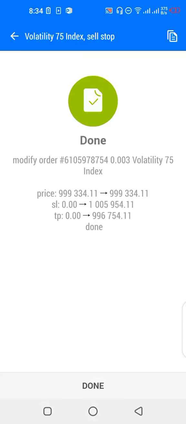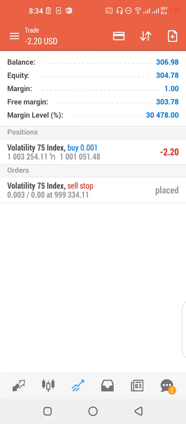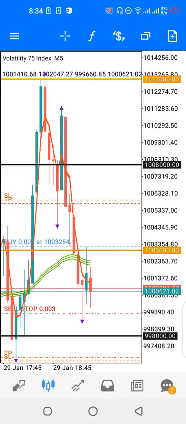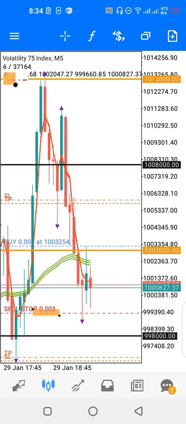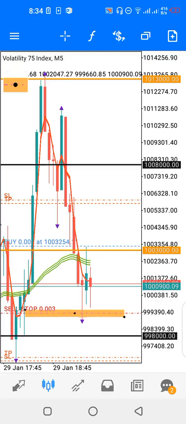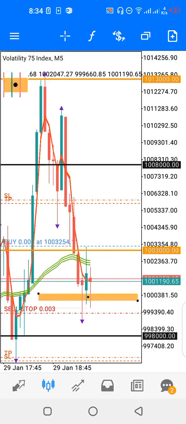Okay, so I'm just gonna wait and see if the sell stop will get triggered. If this is gonna get triggered, then I have to hedge.